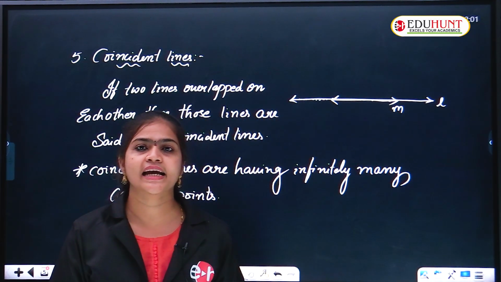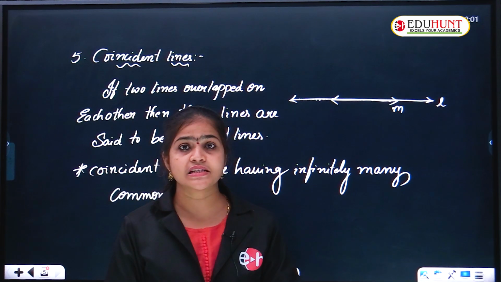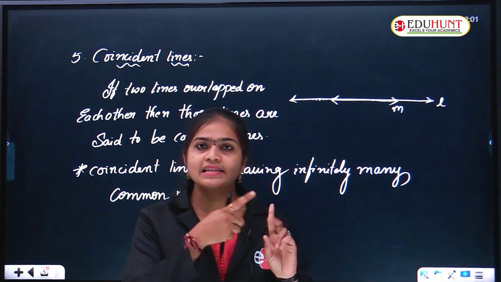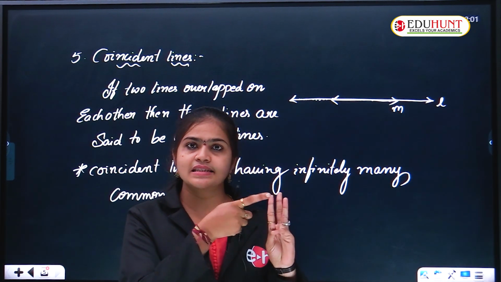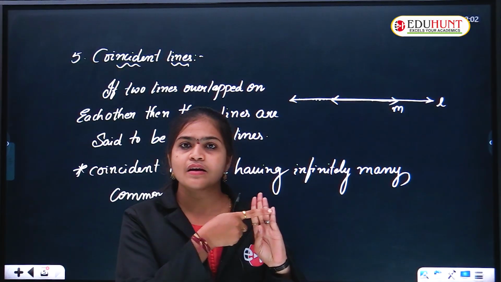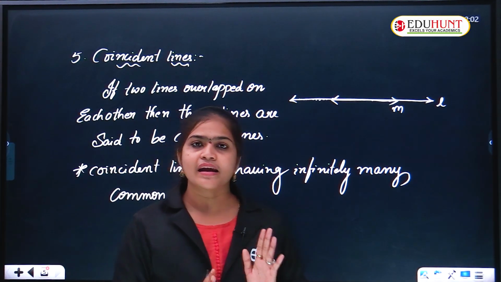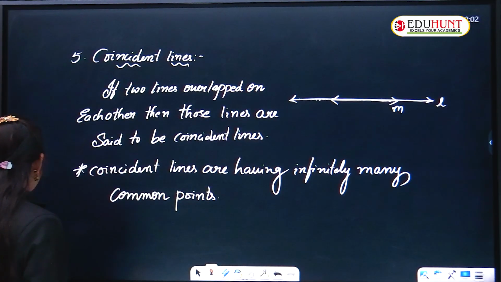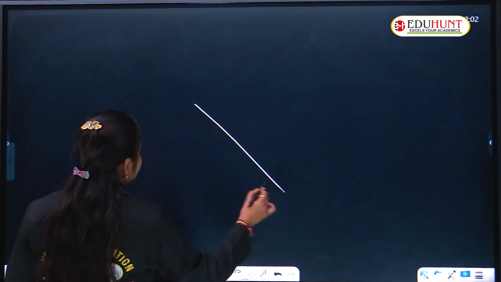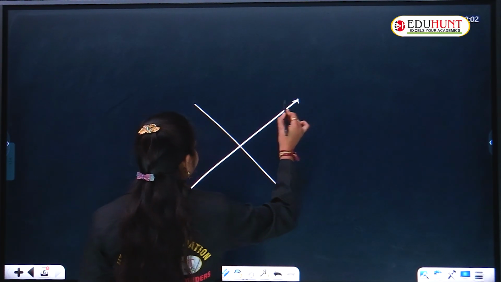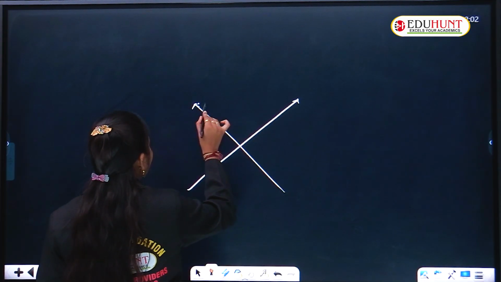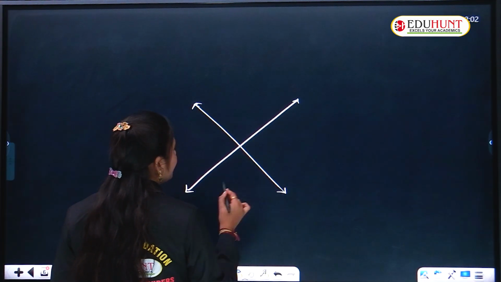So children, how many types of lines did we learn? 5 types of lines. First one is intersecting lines, second one concurrent lines, third one parallel lines, fourth one perpendicular lines, fifth one coincident lines. Now see intersecting lines. These two lines are intersecting lines. Here how many common points are there?